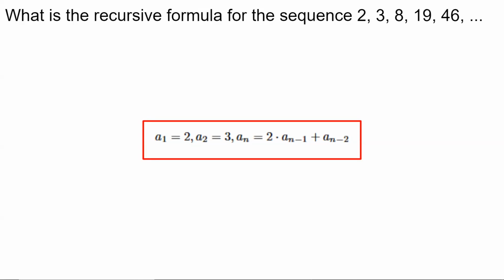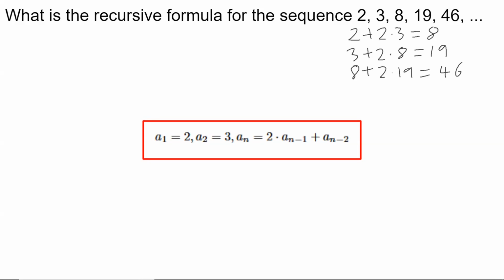So if you play around with this pattern a little, you'll find that actually 2 plus 2 times 3 is equal to 8. 3 plus 2 times 8 is equal to 19. And 8 plus 2 times 19 is equal to 46.